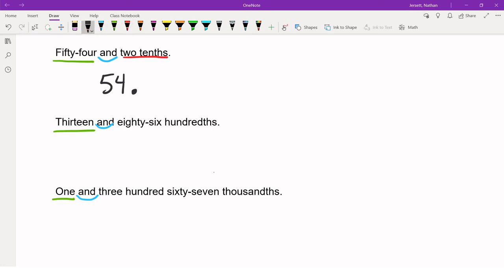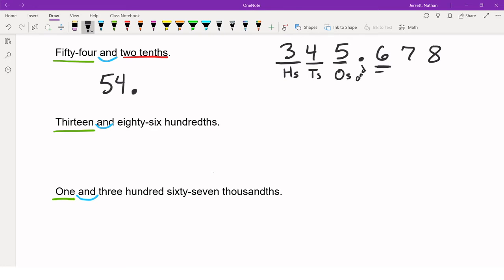So we have, right, I could write like 3, 4, 5, 6, 7, 8, and put the decimal point there. Right, we have the hundreds with an S, and then the 4 is the tens with an S. This one's going to be the ones with an S. And this place here is going to be the tenths with a TH.